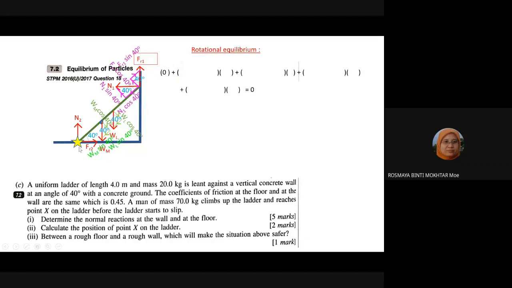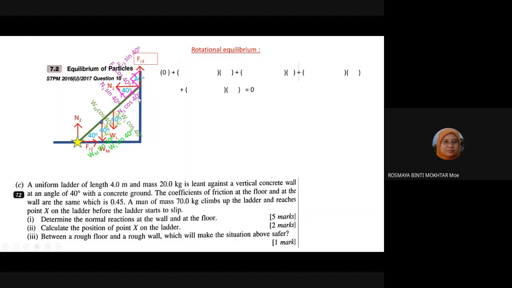So no need to resolve their components, because with times distance 0, it becomes 0. So we just put 0 here. If not, the diagram will become messy if I draw the components for you. So we just write 0 here because they are at the fixed point.